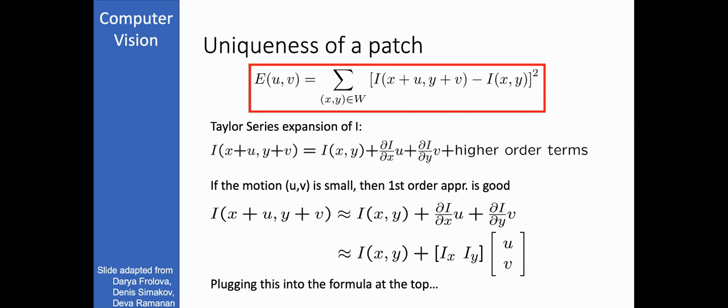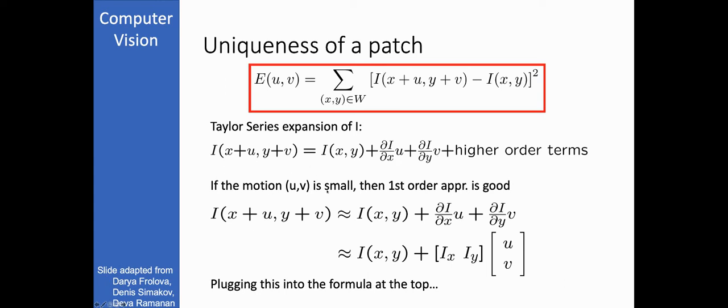So we will expand the shifted patch using this form here. So intensity image I(x+u, y+v) can actually be approximated simply by the intensities I(x,y) and then the first order derivatives of the image in u and v direction.